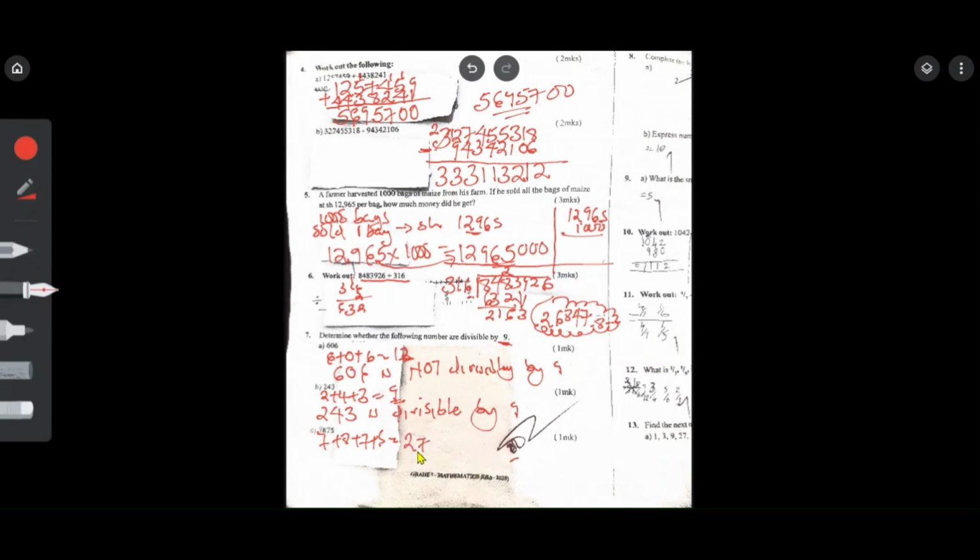Therefore, 7875 is divisible by 9. Good. So you get your 1 mark there, you get your 1 mark there, you get your 1 mark there.